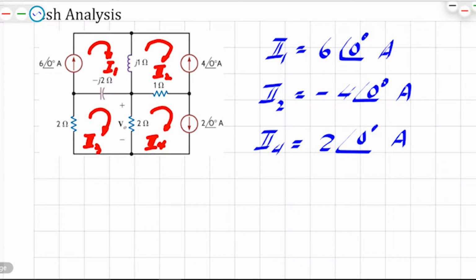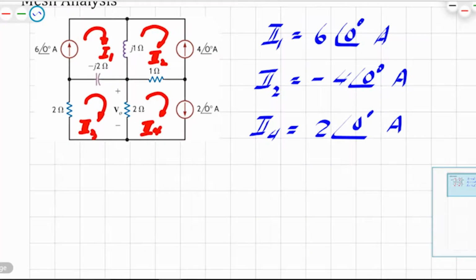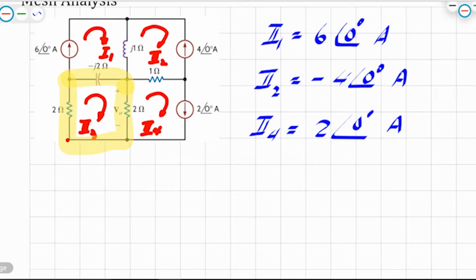Now you can see we actually only have one job to do. We need to find I3. So we're going to apply KVL around this mesh 4, and we're going to do that by starting from a particular node.